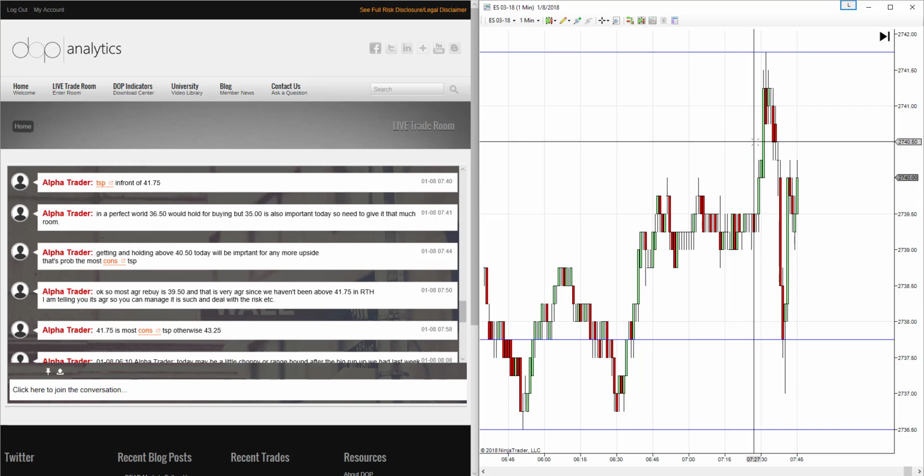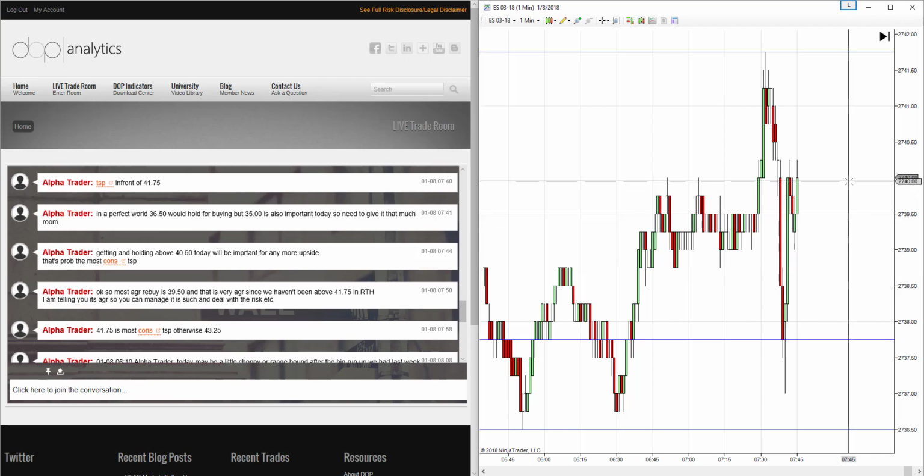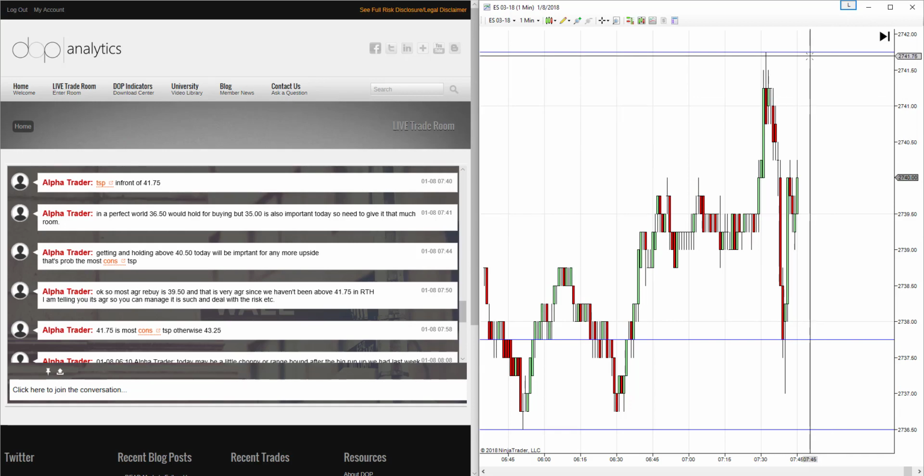Okay, this 40.5, as is mentioned in this post, getting and holding above 40.5 today will be important for any more upside, and that's probably the most conservative take some profit. So in other words, if you want to be conservative and you don't want to hold out to see if we're going to get here, then take profit here.